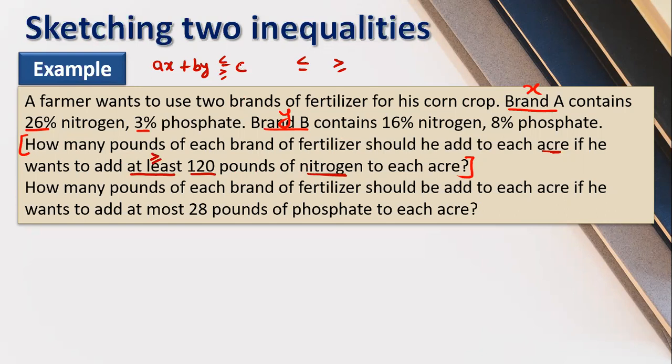So c is very clear. It will be 120, at least 120. And the sign is very clear from here. The rest of these two things, x you know, y you know.